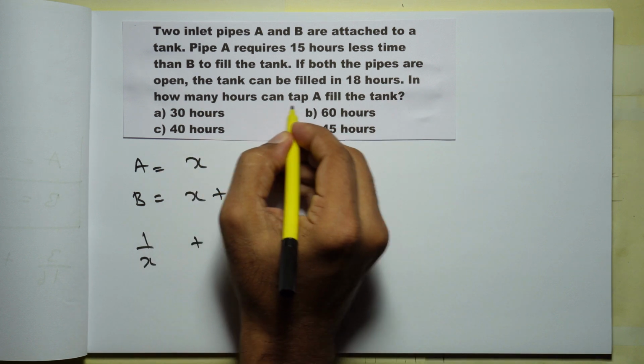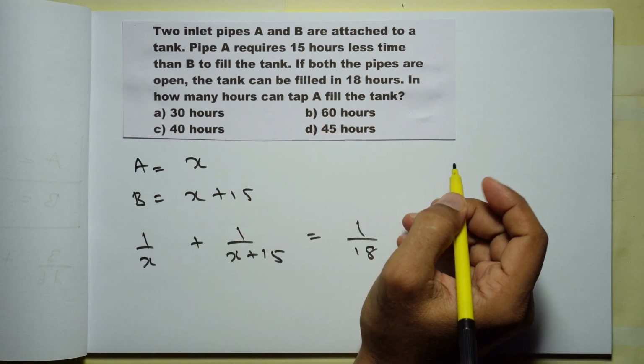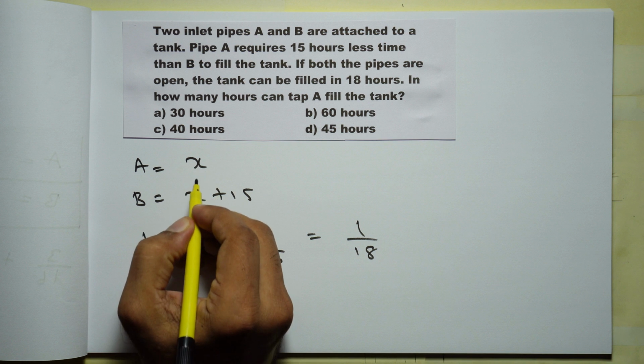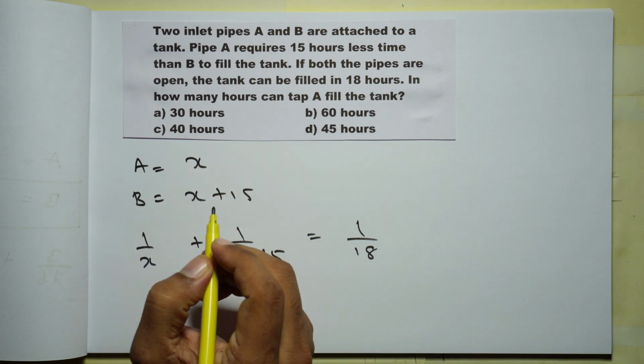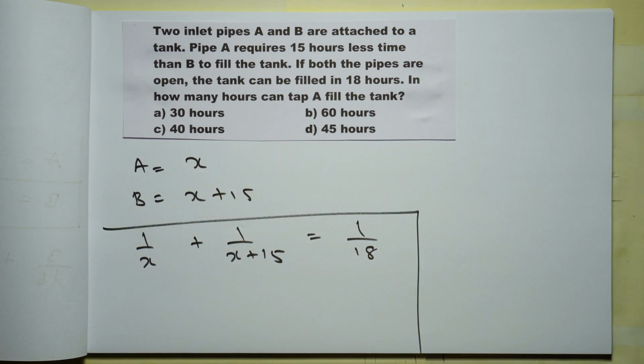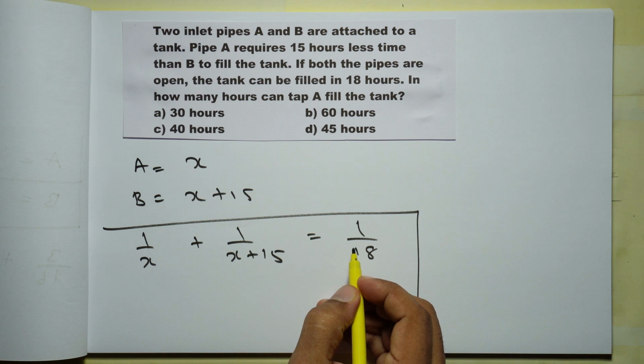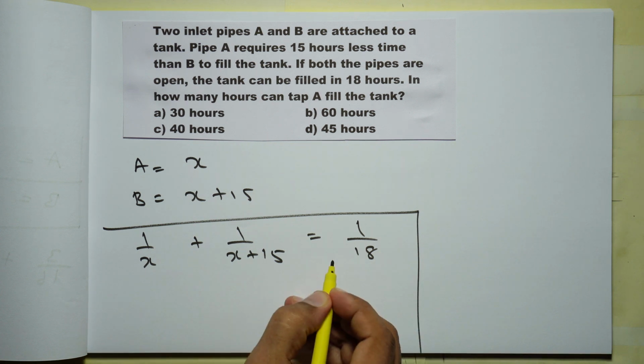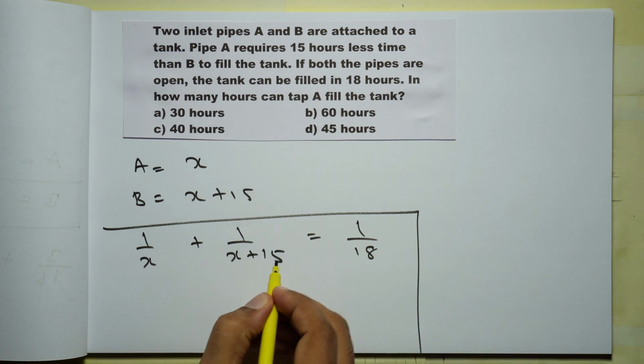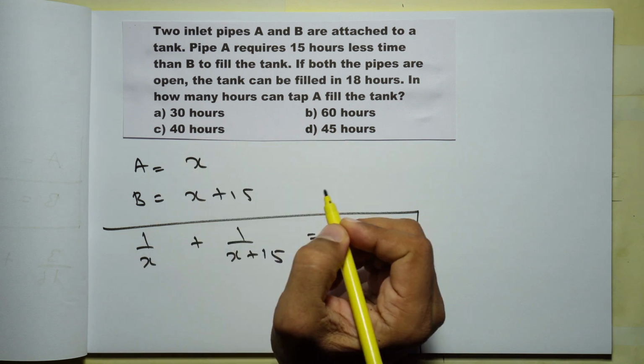In how many hours can tap A fill the tank? That is, A can fill the tank in X hours, so we just need to find the value of X. You just need to solve this equation and calculate the value of X. However, if you try to solve it, you will get a quadratic equation. Rather than solving the quadratic equation, it is generally quicker to go from these options.